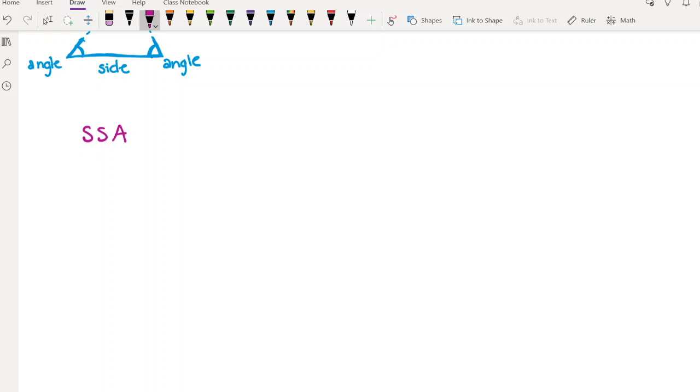What do I mean by SSA? I mean that you're given two sides and an angle, but that angle is not between them. So something like this. You're given an angle, a side, and another side. So this would be angle, side, side.